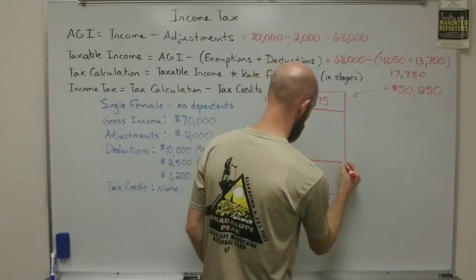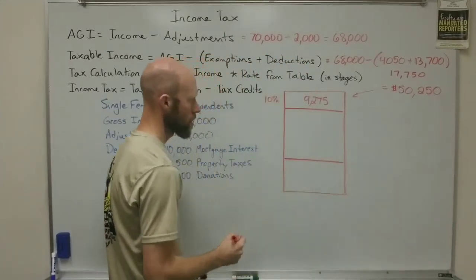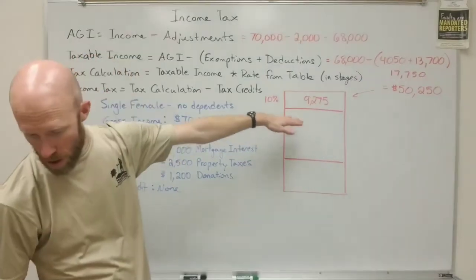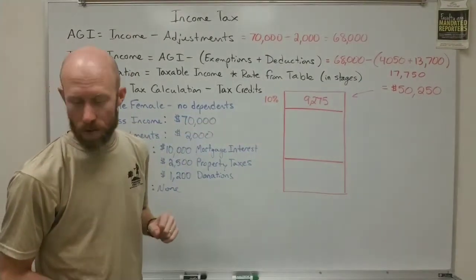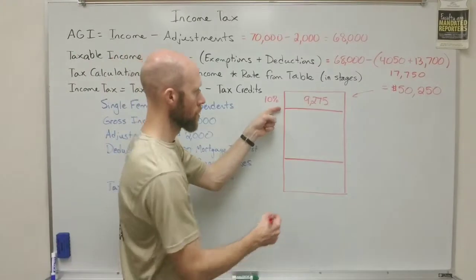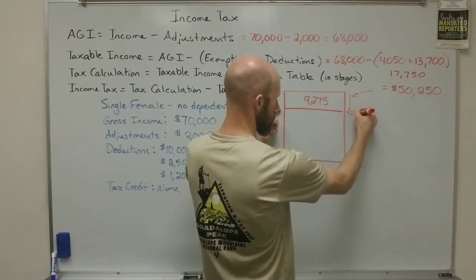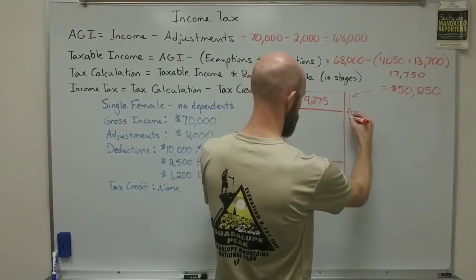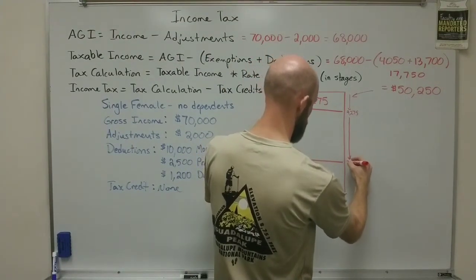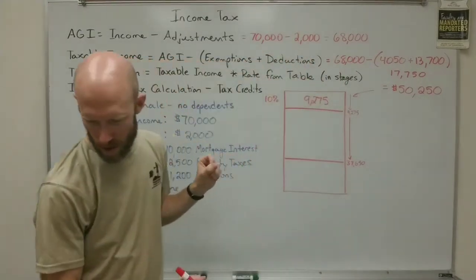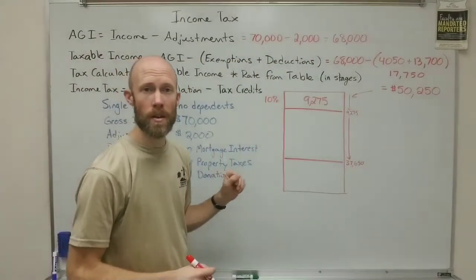So let's say the next chunk of money here is going to be up to $37,650, okay? So this first bar gets us down to $92,775. The next chunk gets us down to $37,650, right? $37,650, yep, okay?